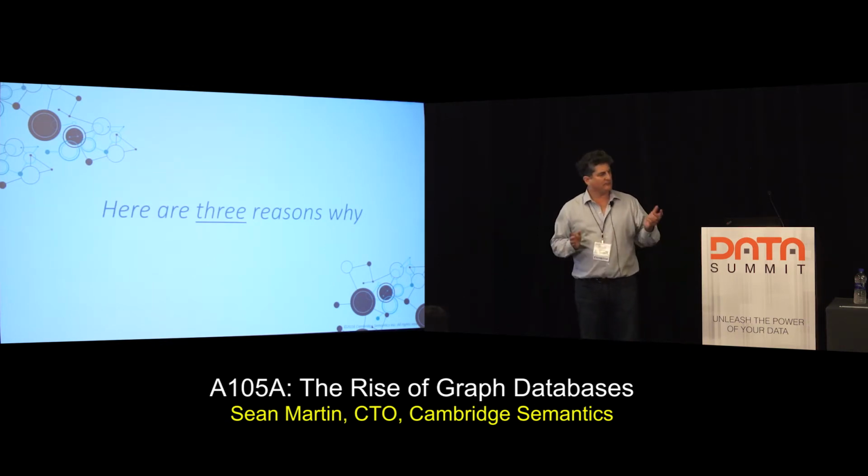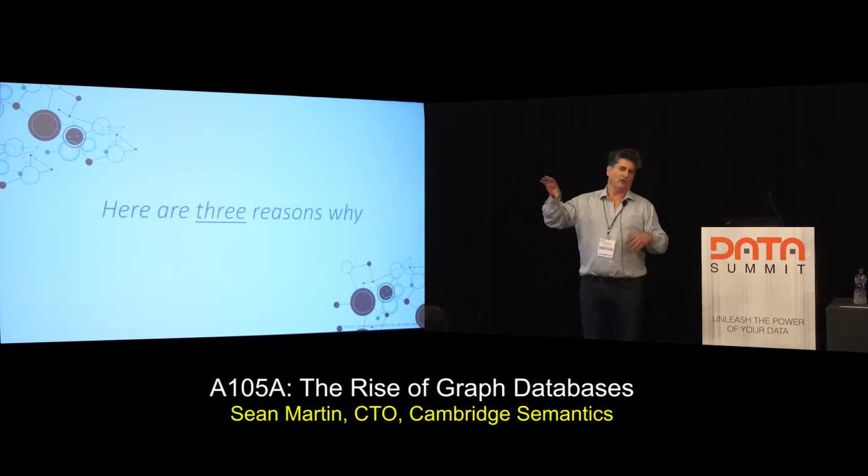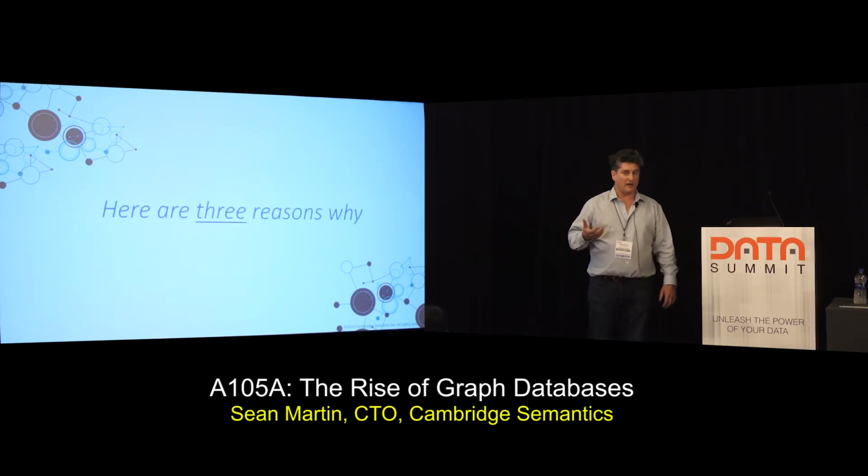When he gives a talk similar to this, he actually goes and shows you SQL queries and SPARQL, which is one of the graph languages we support. He shows the difference. And what he shows is how everything you can do in SQL is possible in SPARQL, but then there are these extra queries you can run. And the queries are around the relationships, because graph is all about storing and understanding and retrieving relationships.